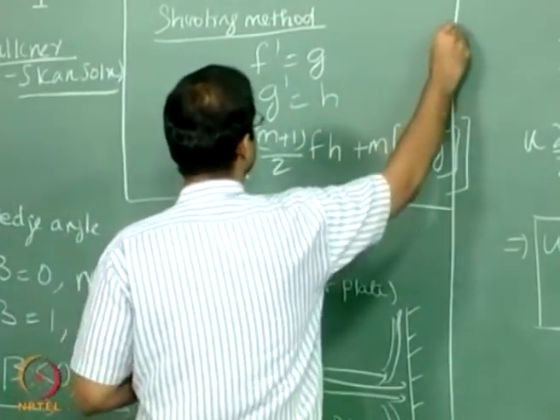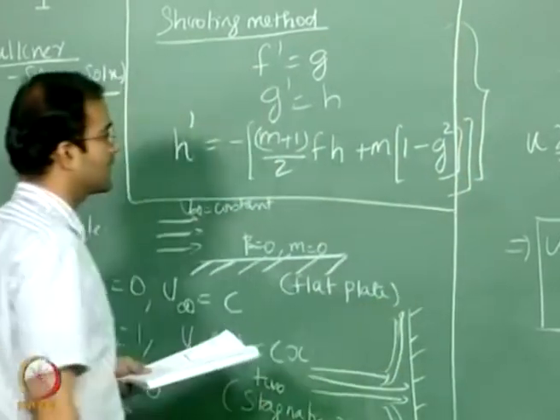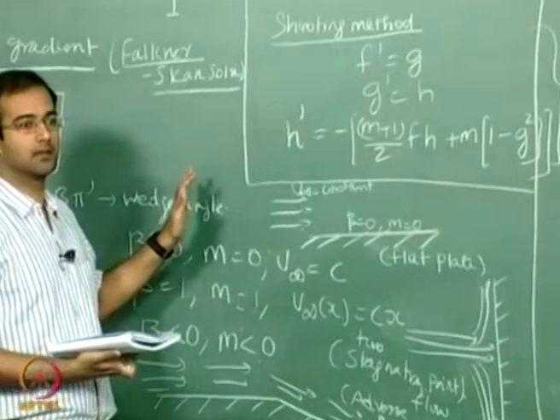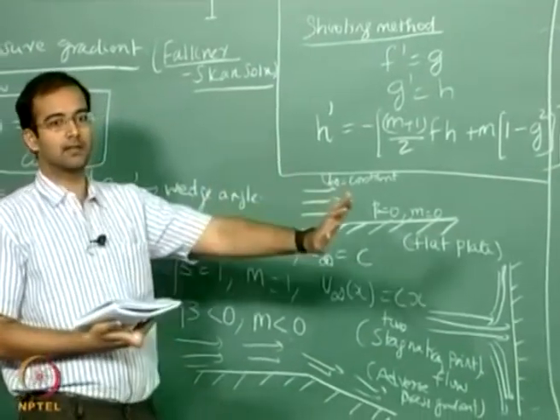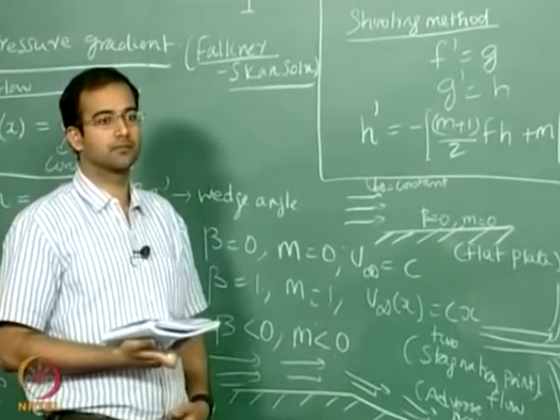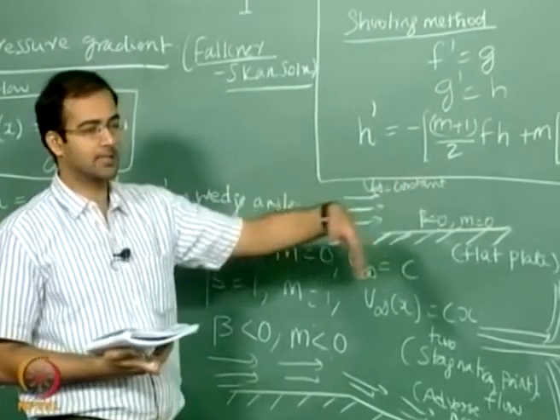So these are the 3 first order ODEs. All I have to do is march from eta equal to 0 till eta some value of 8 or 10, with the same set of boundary conditions.